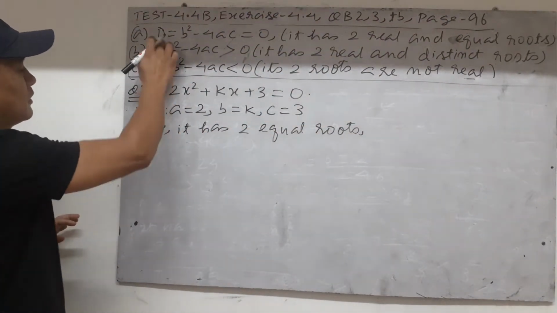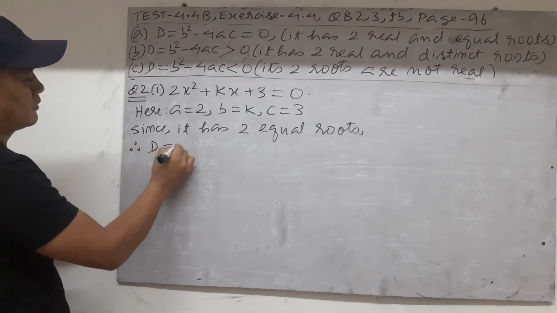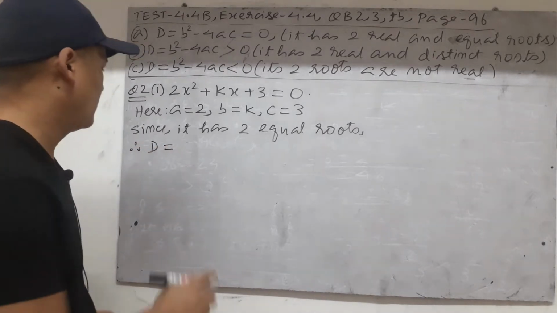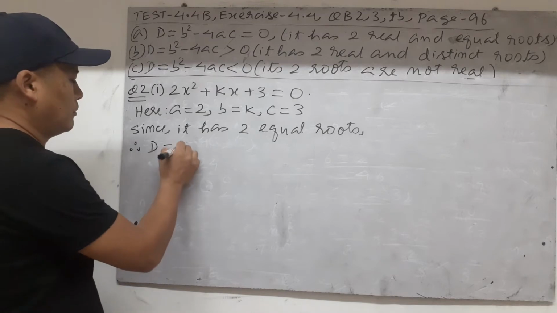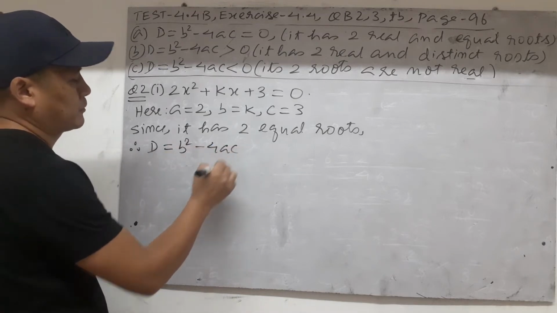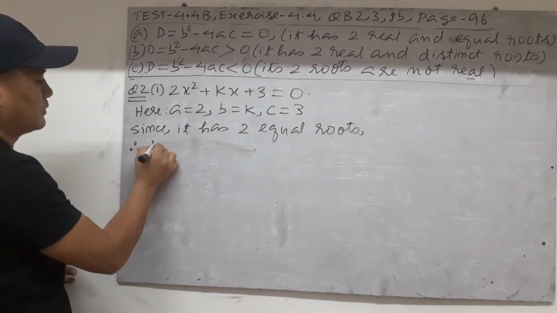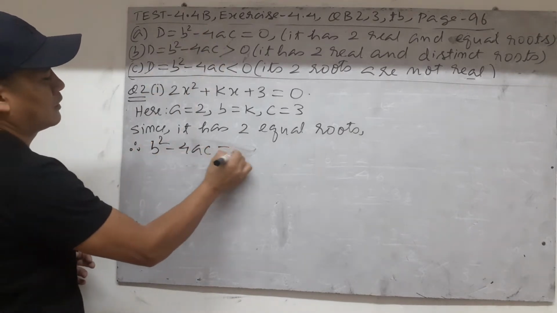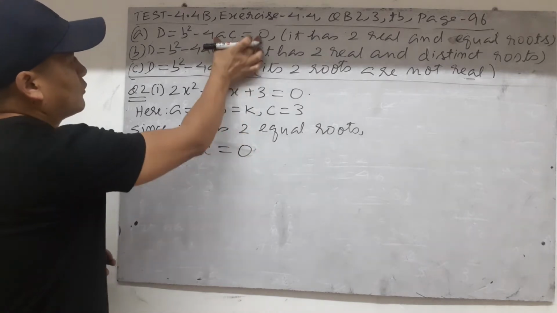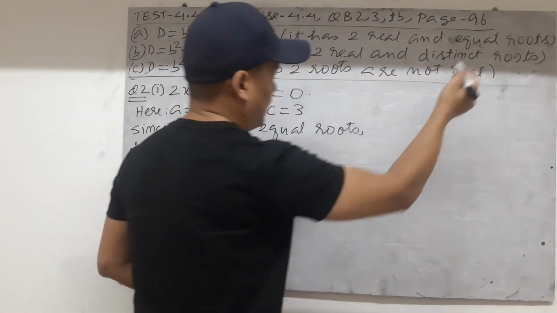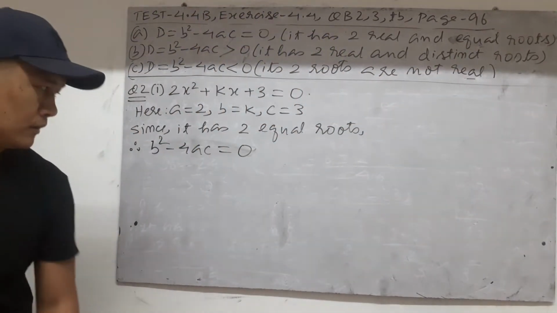therefore we know D value equals b squared minus 4ac. You can write directly D or b squared minus 4ac, it is the same, so you just write b squared minus 4ac will be equal to 0 when the roots are equal. So clearly, we wrote that.